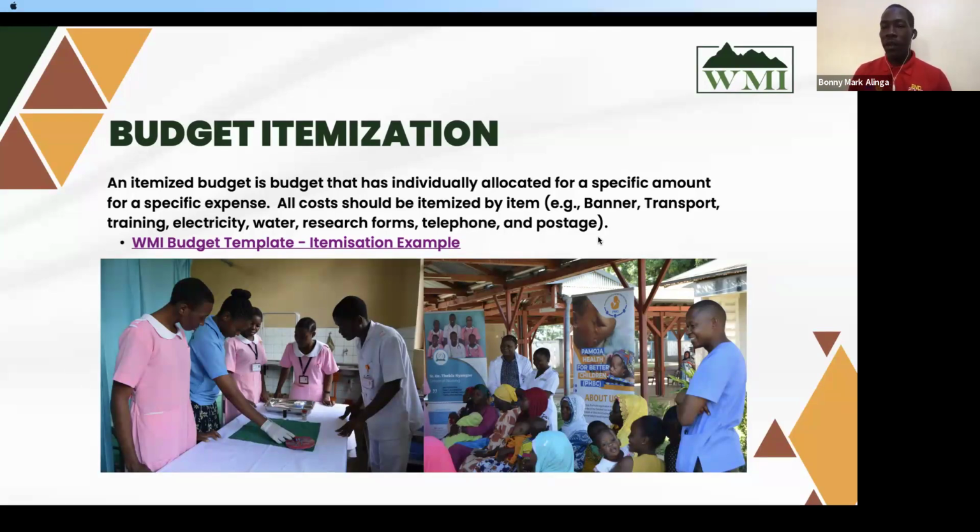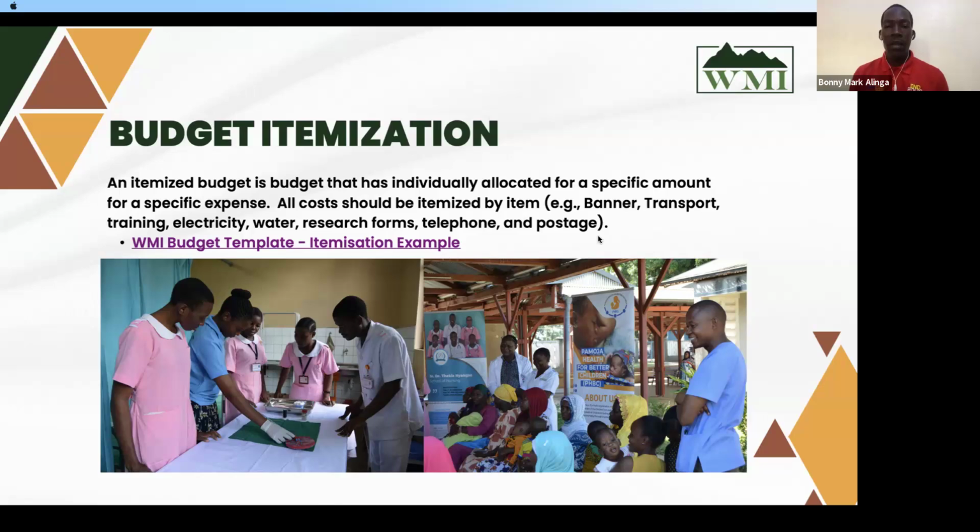Each packet will cost us that much. And if I multiply that unit cost, the budget item will cost me about $600.